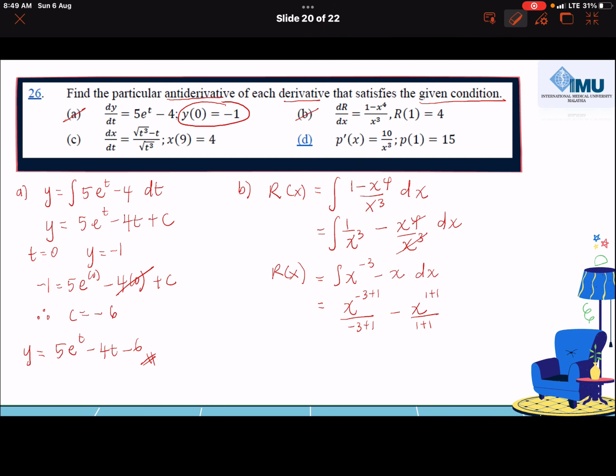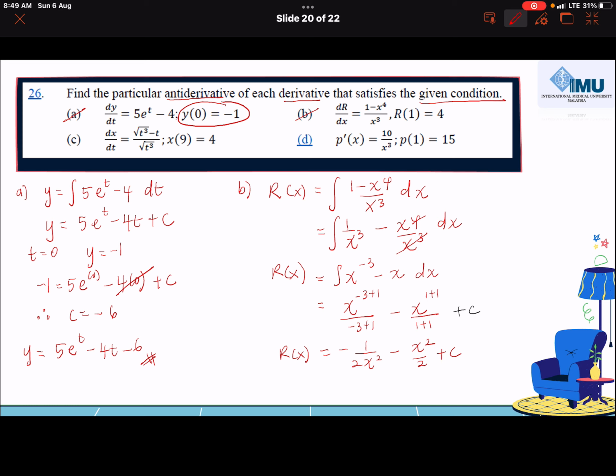At the end, don't forget to put plus c, the arbitrary constant, because this is an indefinite integral. So your solution will be -1 over 2x squared minus x squared over 2 plus c.